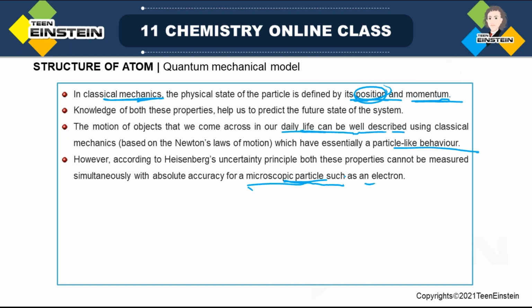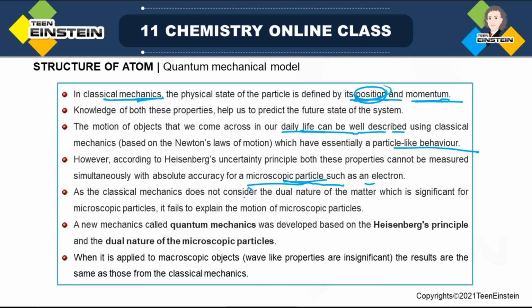But for microscopic particles, the particles that are very, very small, classical mechanics is no longer applicable. According to the Heisenberg uncertainty principle, both these properties cannot be measured simultaneously, and obviously then the future state of the system you cannot predict.